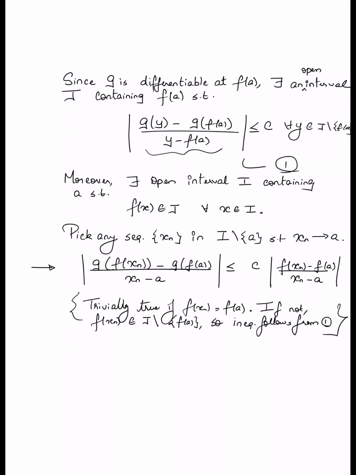Okay, once I have this inequality holding, it follows that the upper bound, the right hand side, tends to 0 as n tends to infinity. Right, so therefore the left hand side, which is non-negative, must also tend to 0.